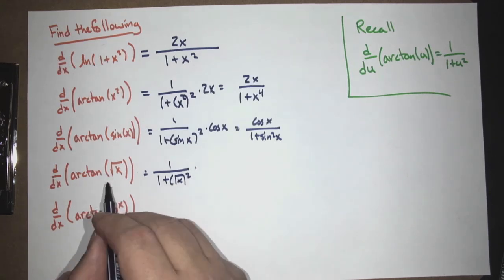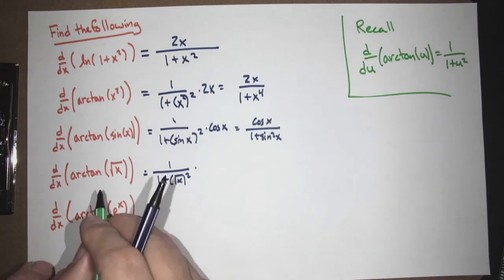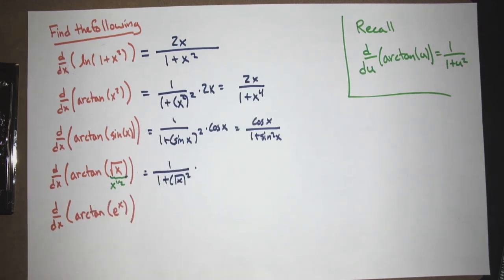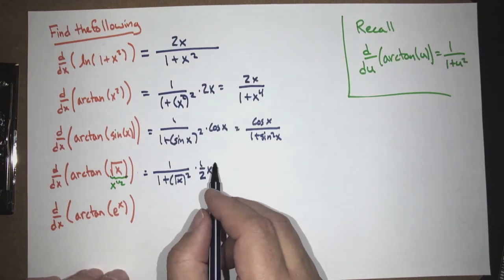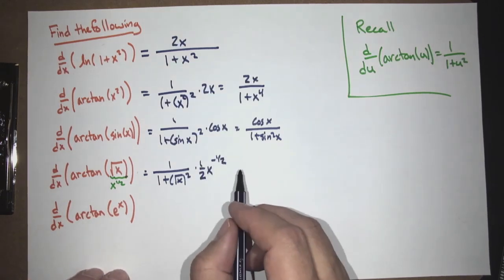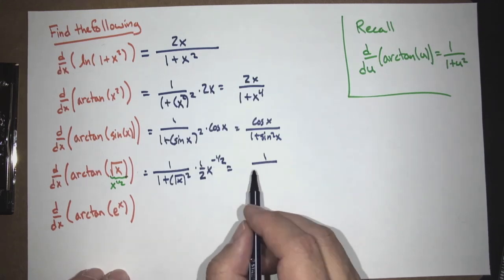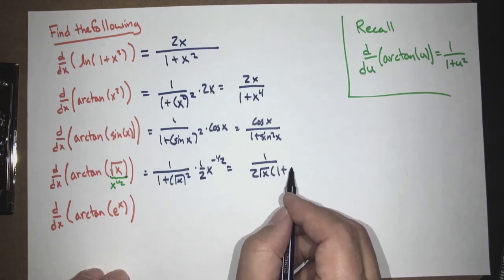So the square root of x, also known as x to the 1/2. The derivative of x to the 1/2 is 1/2 x to the negative 1/2. Now if you wanted to, you can rewrite this. This x to the negative 1/2 goes downstairs, so it's like 2 square root of x, times 1 plus x.